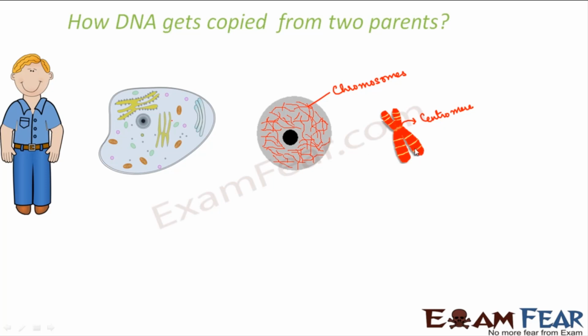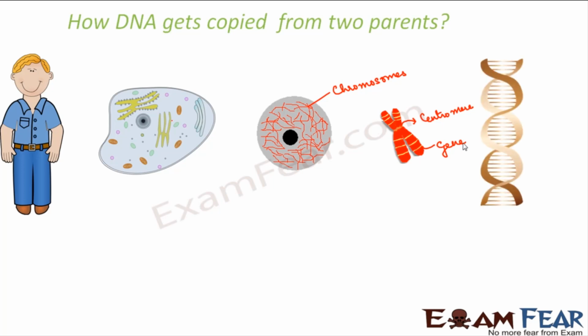You also see some yellow colored structures here. These structures are nothing but genes. Again, when we look at these genes closely, we see that they are made up of DNA. This is how the structure of DNA looks. What is DNA? DNA is deoxyribonucleic acid.